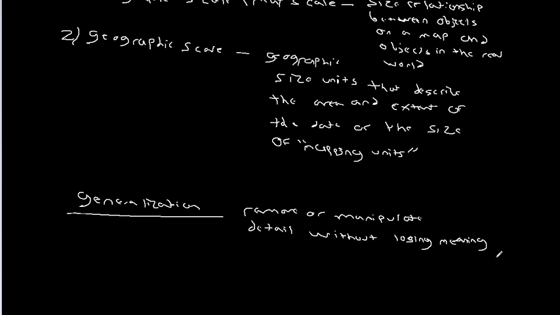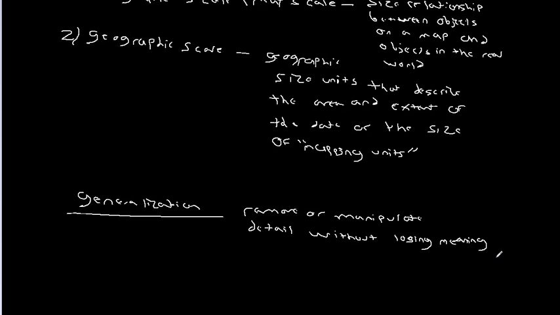So for example, the number of vertices you need in vector data, or the spatial resolution or the cell size that you would need in raster data, from the perspective of giving enough information that it's relevant to the user, but also balancing that against having unnecessary data volume and unnecessary detail that might confuse or bog down the map unnecessarily. And striking that balance is really the heart of generalization.